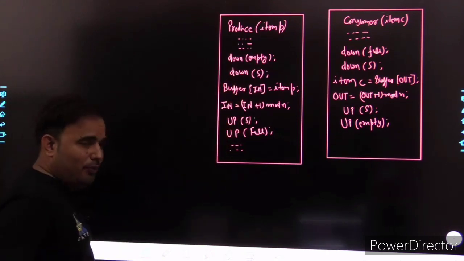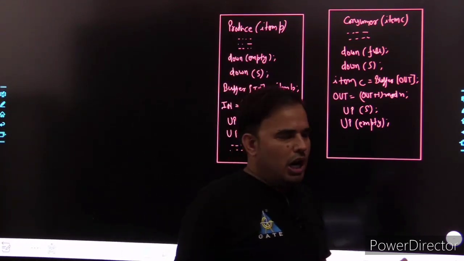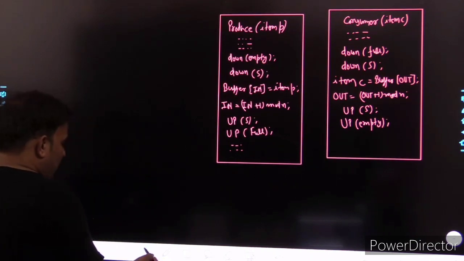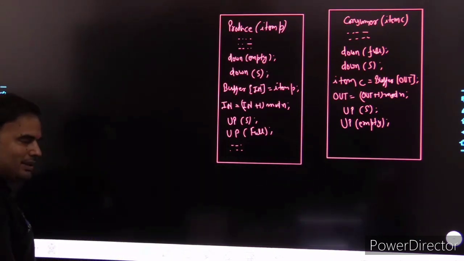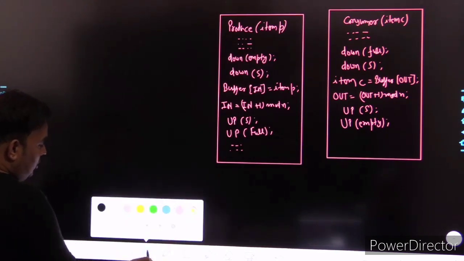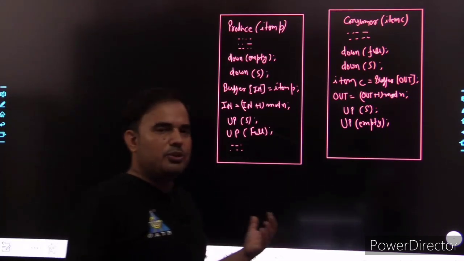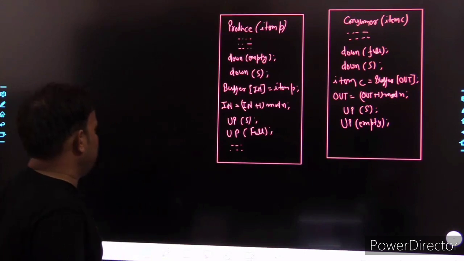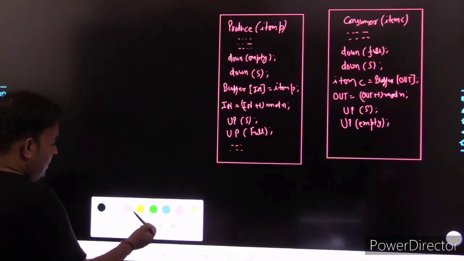We are going to see how the semaphore can provide the solution for the inconsistency and loss of data, that is, how with the help of semaphore, producer and consumer can synchronize.